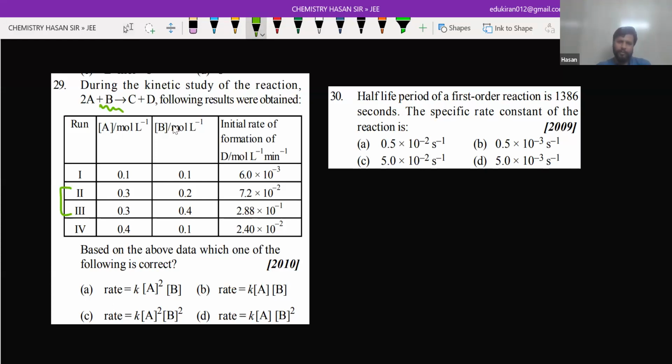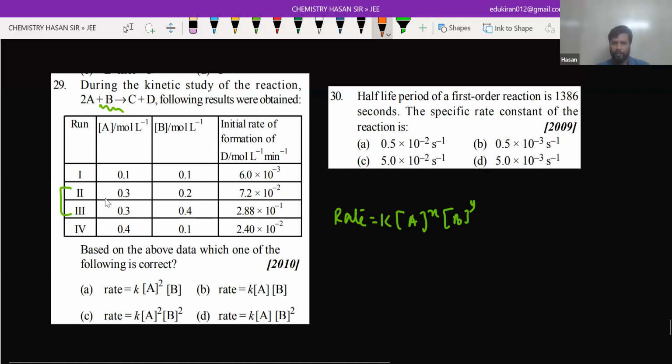You can write here rate is equal to K into, basically we don't know the order. So with respect to A, let's say it is X, and with respect to B, let's say it is Y. What I'm going to do is very simple. First, I'm going to take the second and third together, as a ratio.